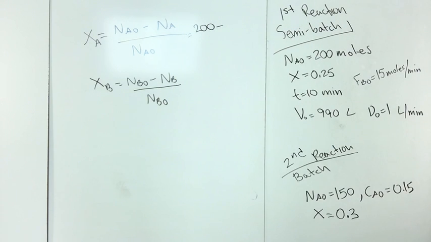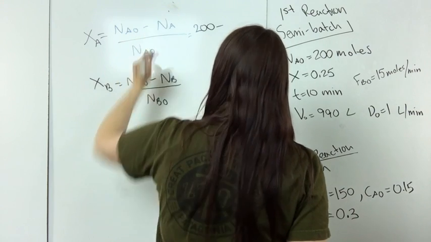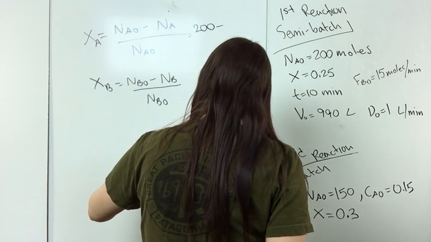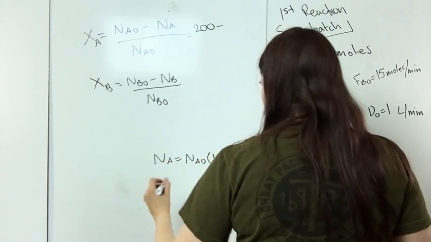And then we know the conversion in this reactor, so let's write this down here. We know that Na is equal to Na naught (1 minus x).